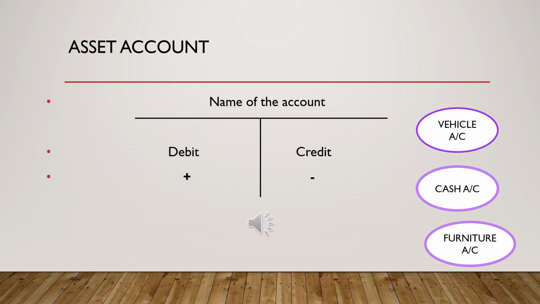Let's say it is an asset account, for example cash, vehicle, etc. For the asset account, when we apply double entry rules, if the transaction caused the asset to increase, it needs to be recorded in the debit side. Meanwhile, the decrease in asset will be recorded in the credit side of the account.